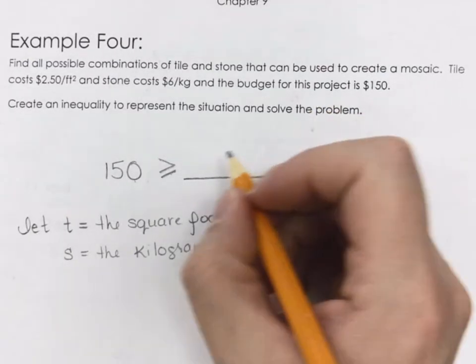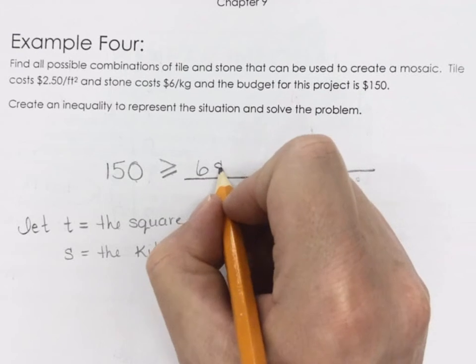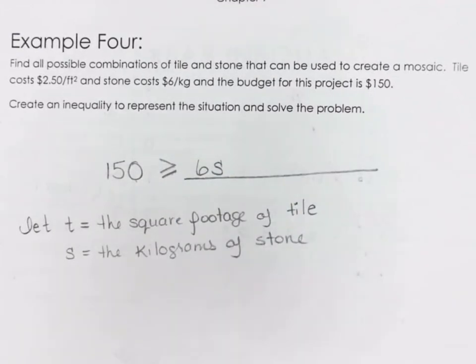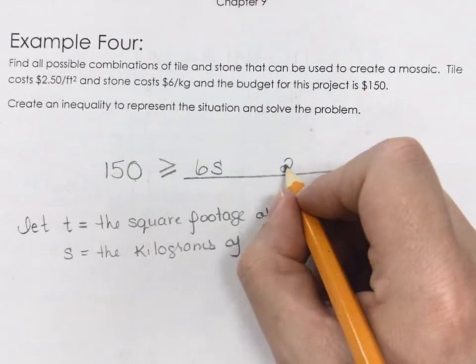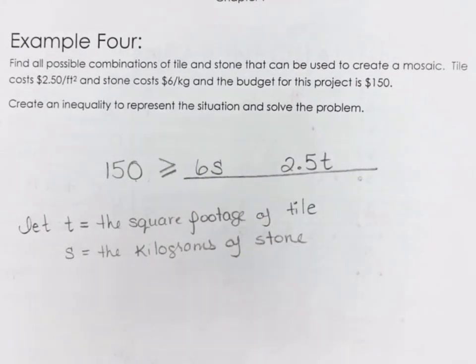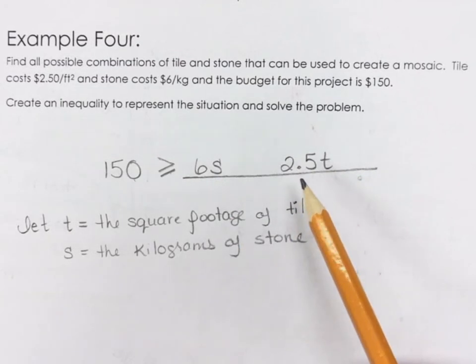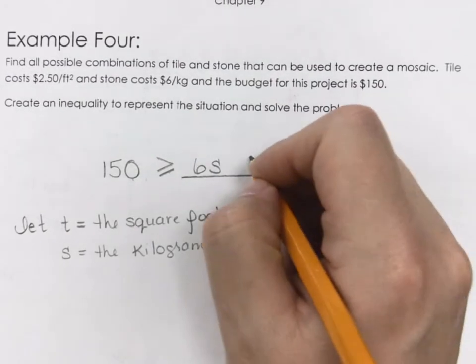So really on this side, I'm taking the cost of the stone times how much stone I have, and I'm taking the cost of the tile times how much tile I have. And it doesn't matter that tile is measured in square feet and stone is measured in kilograms. And what am I going to do to these things? Don't I have to add those together to get my total?